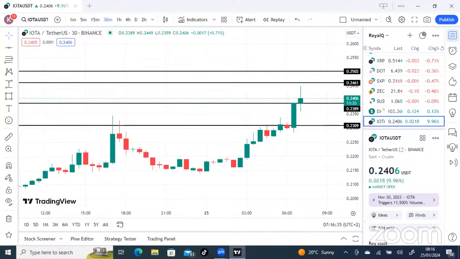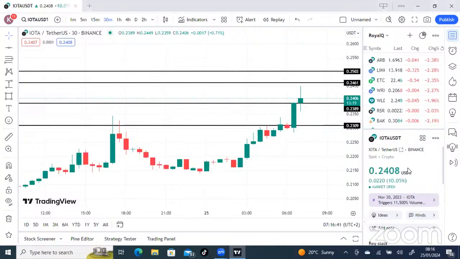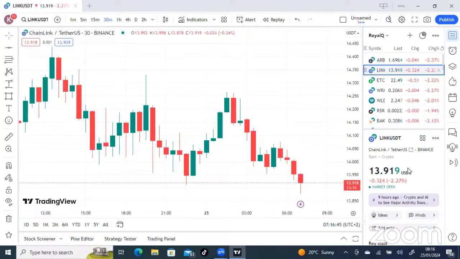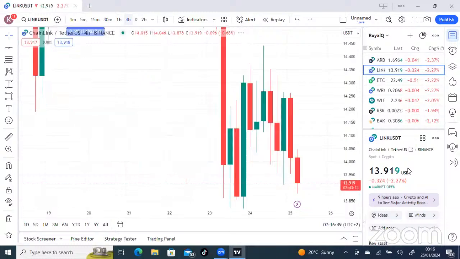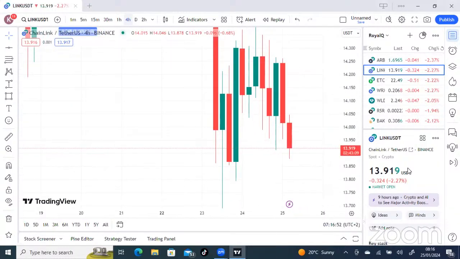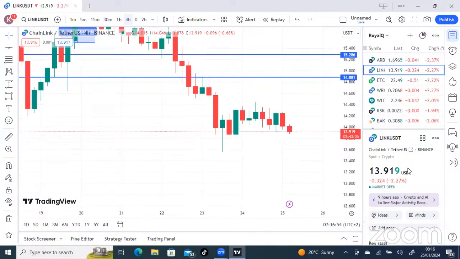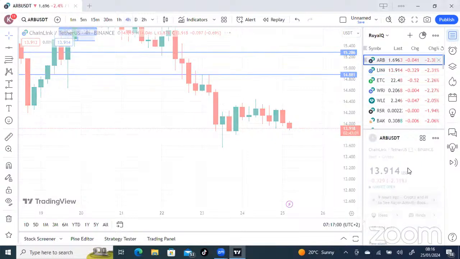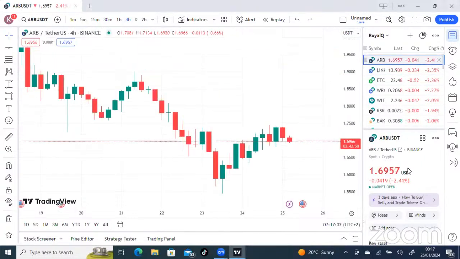A preset price is usually priced lower than the current price. For example, Chainlink is usually a good point, but let me go up.